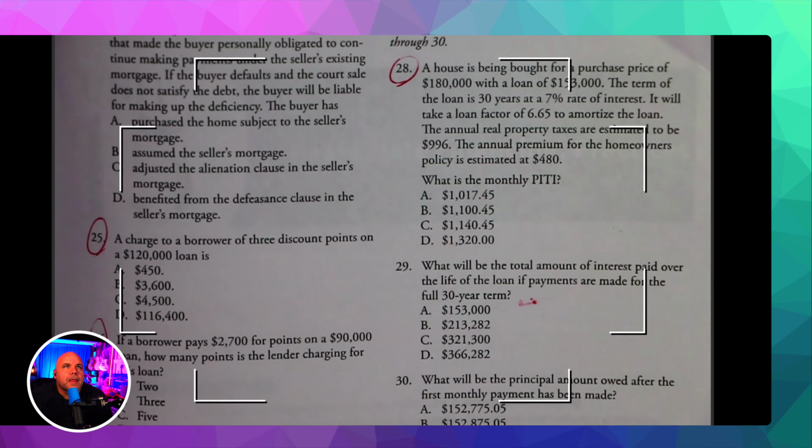Let me get it within those grids. Sorry for the grids. Monthly PITI. We're going to need to calculate principal, interest, taxes, and insurance and put that together into a PITI. So let me rearrange some stuff here real quick.